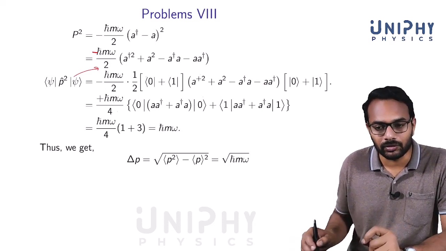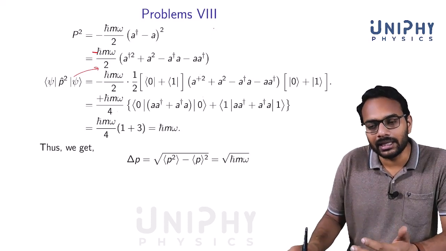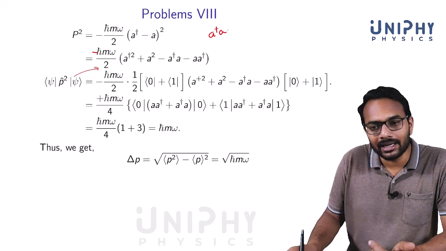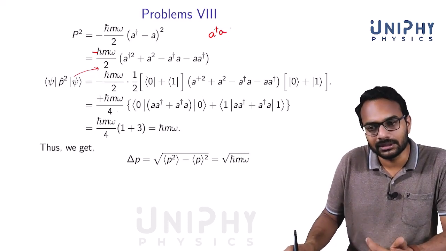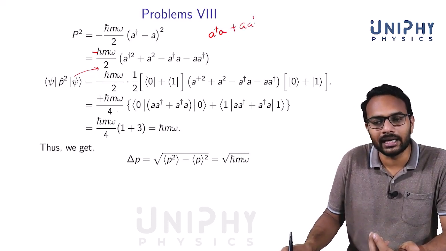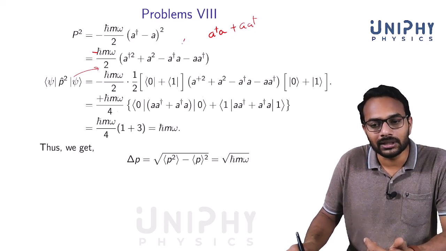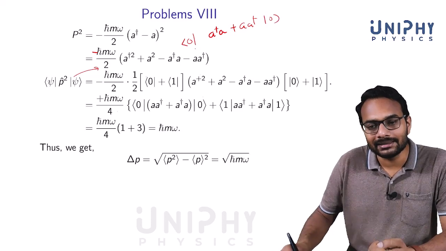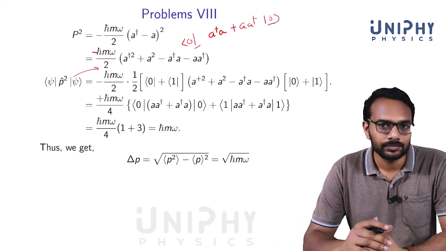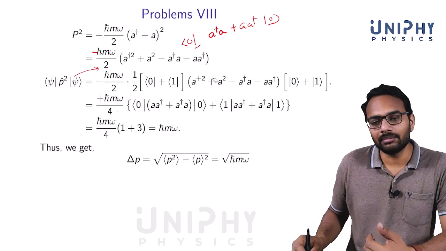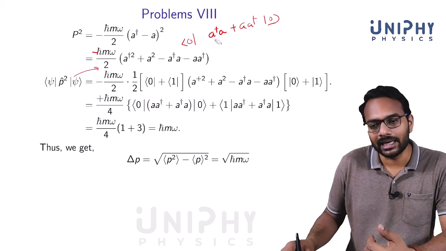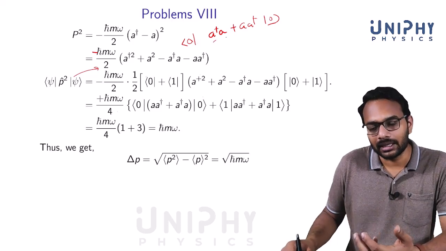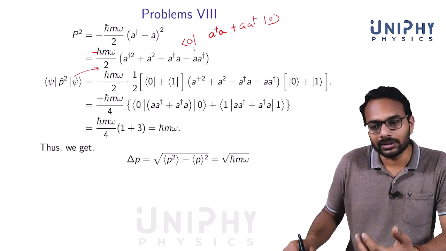Now we can again see that you don't have to write down all the terms. Since we have a† and a in both terms, a†a plus a a†, we know that the only non-zero terms will appear when exactly the same state appears on both sides. So when this comes in a balanced way, a† and a, the only non-zero terms happen when both the states here are the same.